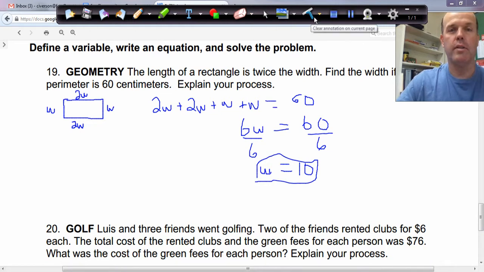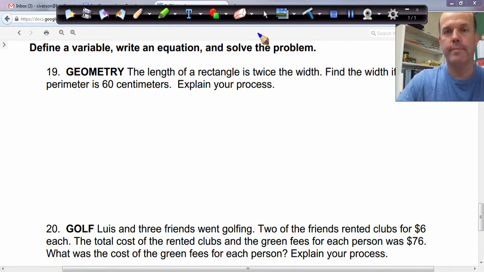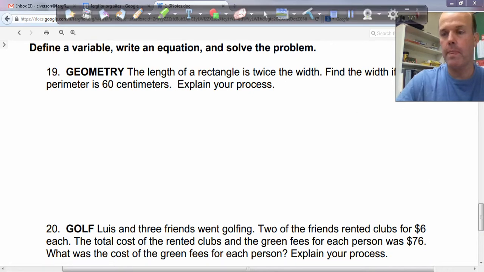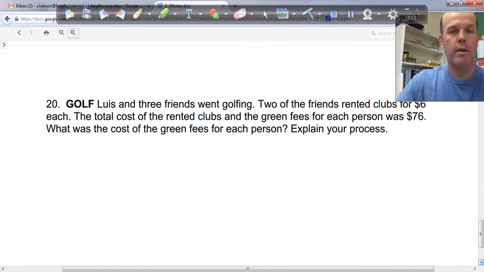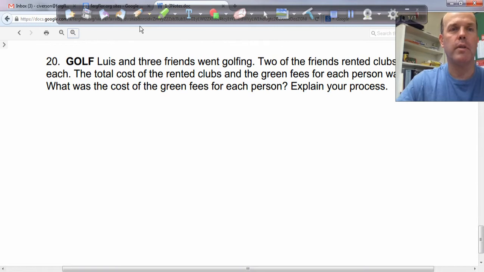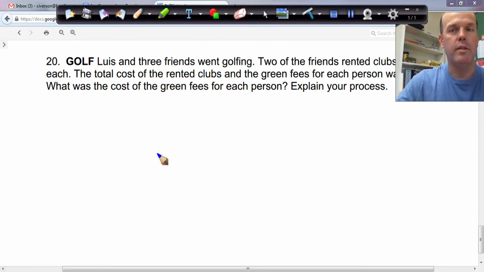Let me wipe that clean so I can scroll down to number 20. And the last one. Okay. So it says Luis, 1, plus 3 of his friends, so we've got 4 people playing golf, right? 2 of the friends rented clubs. The other 2 didn't. Okay, so what's the total cost of the green fees for each person?